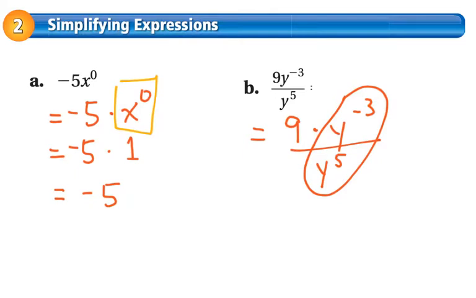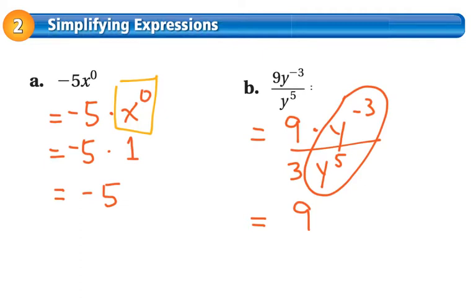The 9 doesn't have anything it's going to interact with. I mean, technically there is a coefficient of 1 here, but if I went to simplify 9 divided by 1, that 9 isn't going to change. So when I go to simplify, it'll still be there. Now, if there had been something like a coefficient of 3, folks, I would want to simplify those. Again, it's just not necessary here.